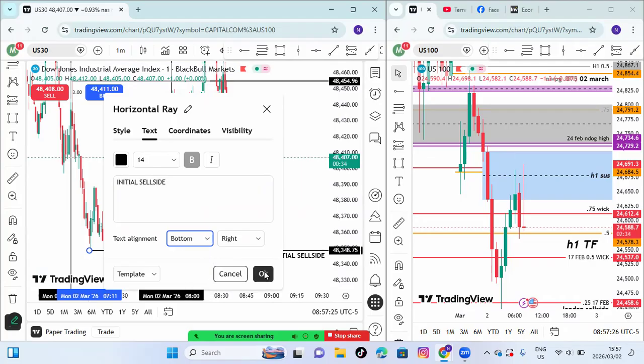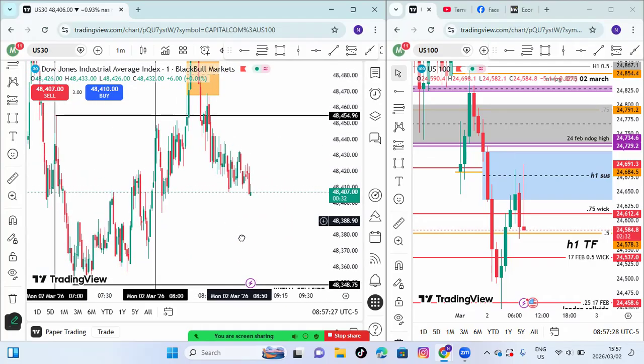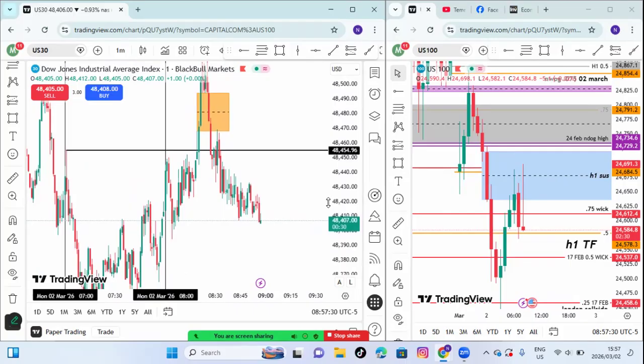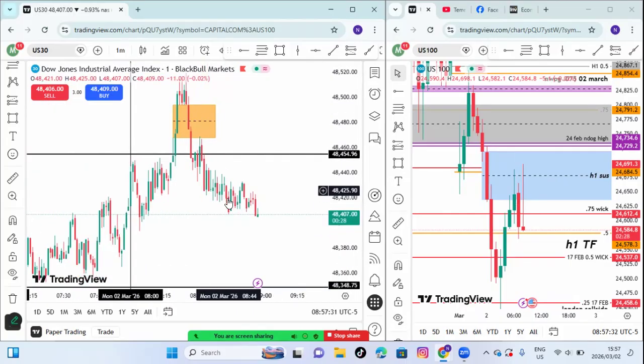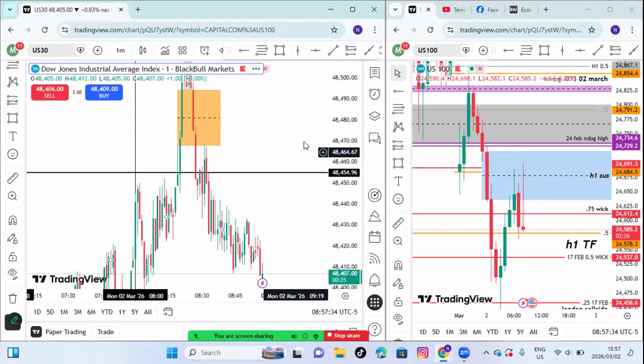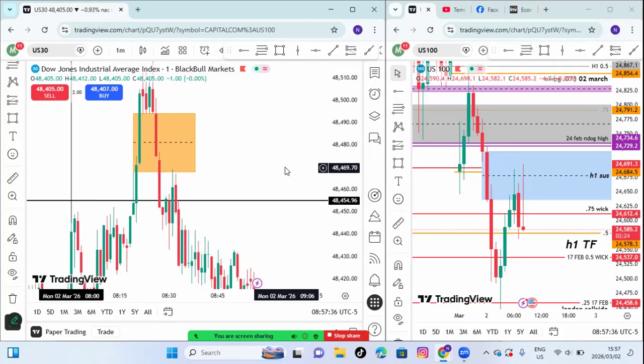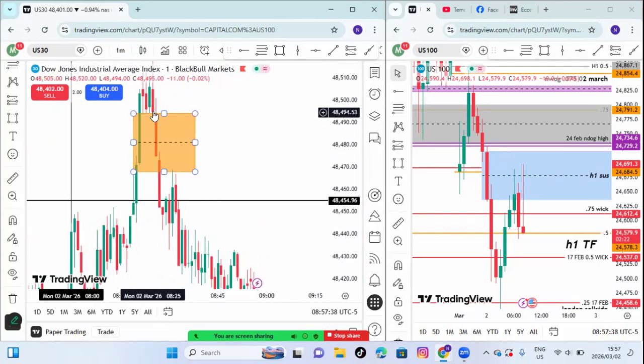On the bottom. So here you also have this side. You have from there up to there is a SIBI.